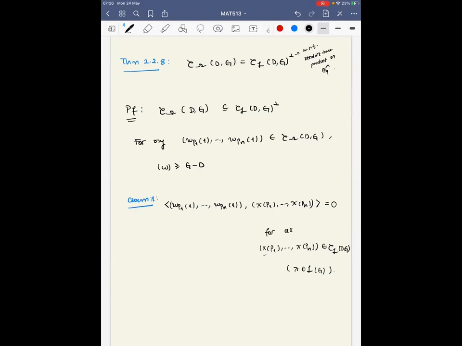And indeed, in order to see this equality, if we write the definition of the standard inner product, essentially we want to see that this sum is equal to 0.